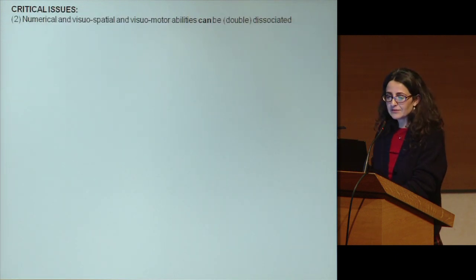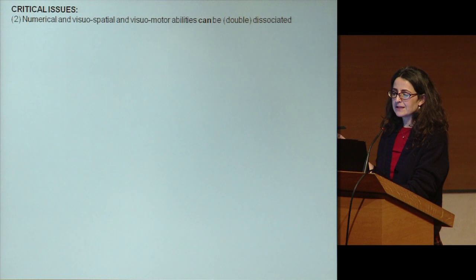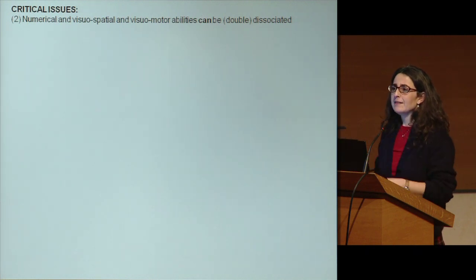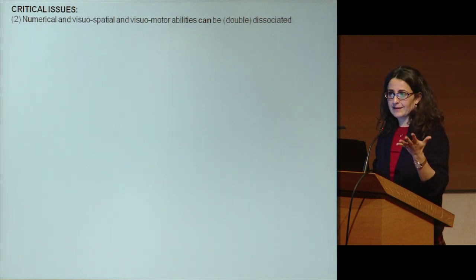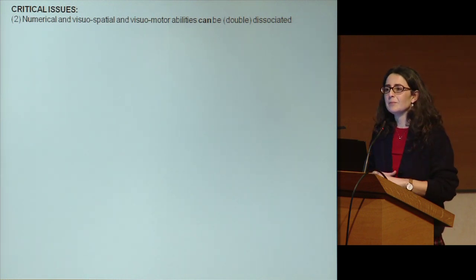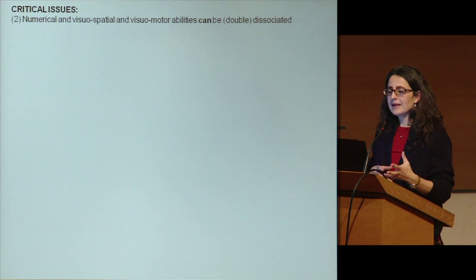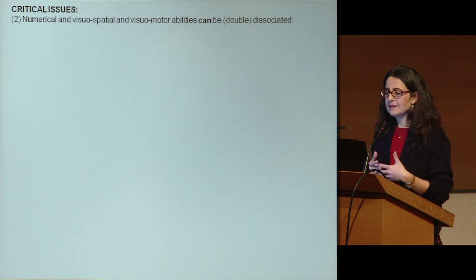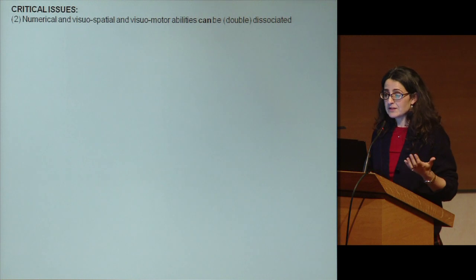And a second, final critical issue that I want to discuss here with you is that, even though in the normal and even in the abnormally developing population that we have seen, numerical and visuospatial visual motor ability can be associated, we know from the literature of individual case studies that they can be fully dissociated.